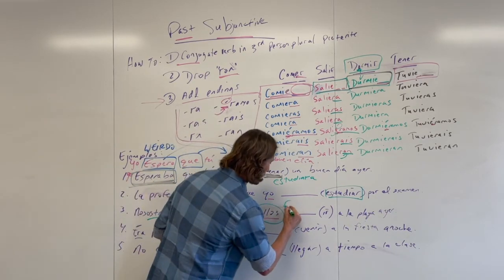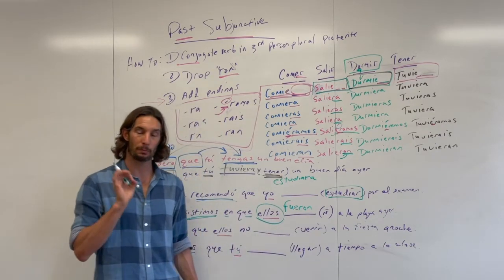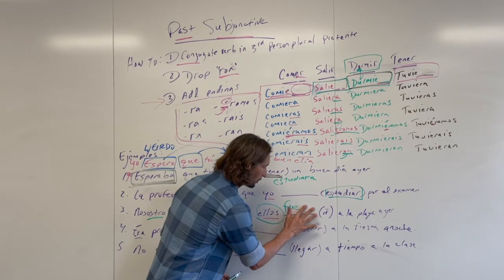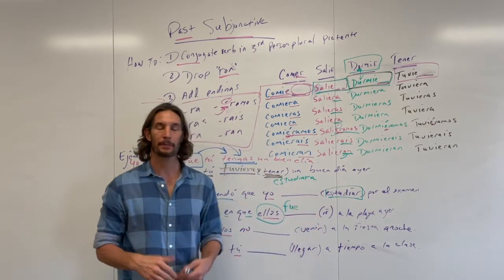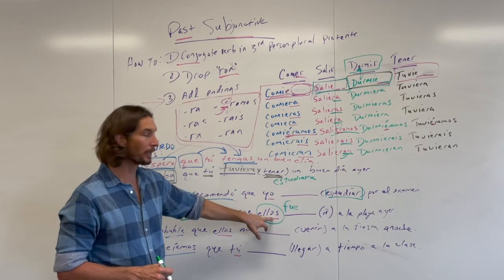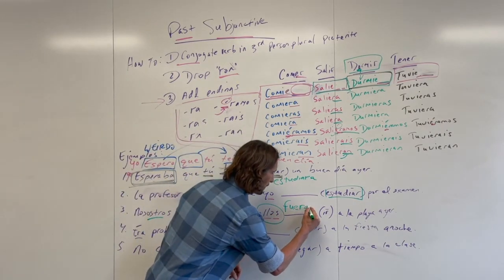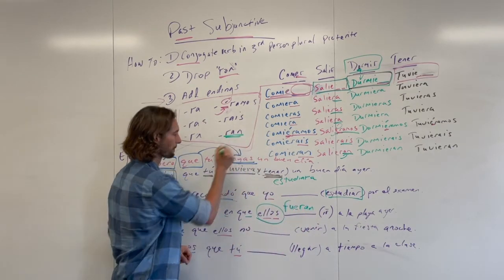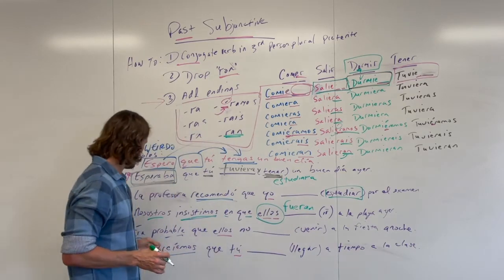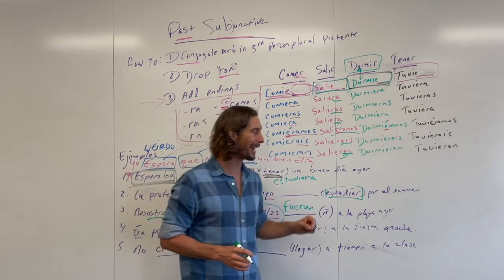And so I'm going to write that right here. Fueron, right? That is our third person plural preterite for the verb ir. Now, our second rule is to drop that ron, and our third rule is to add one of these according to the subject, which is ellos. So we're going to say fueran. Right? Because we're going to go ahead and add that. A la playa ayer, right? So, nosotros insistimos en que ellos fueran a la playa ayer.